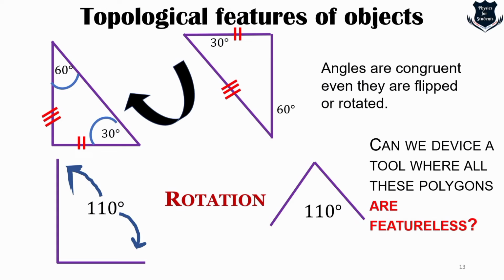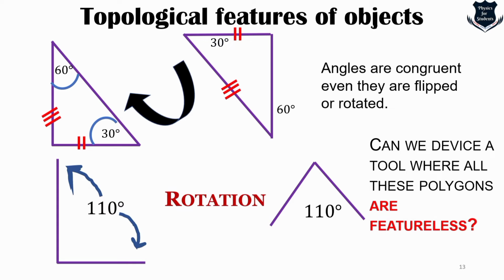The question is, can we devise a tool where all these polygons are featureless? This is very important. Why are we making it featureless? Now, if you have gone through my other videos on topology, I have always said that topology is a generalization of Euclidean geometry.